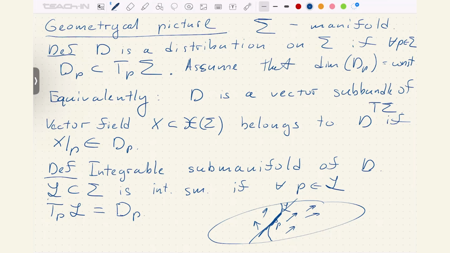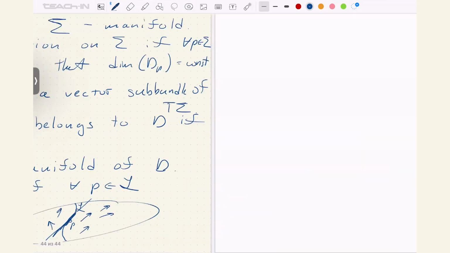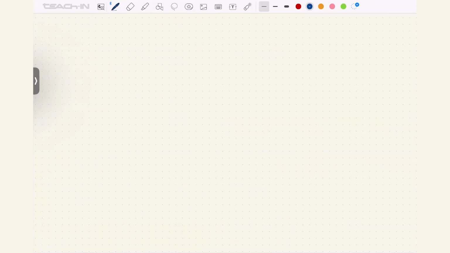It's a question of what distribution we have. But for instance, if we have an integrable submanifold of our distribution, it means that our vector fields... Okay, let me do it like this. And now you will see the relation with what we were talking about before.